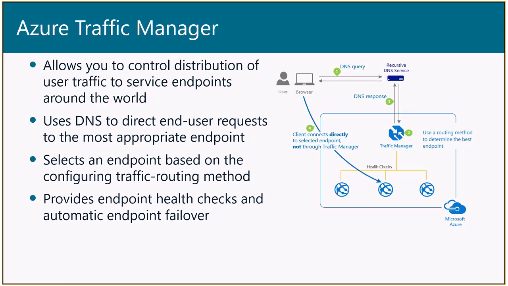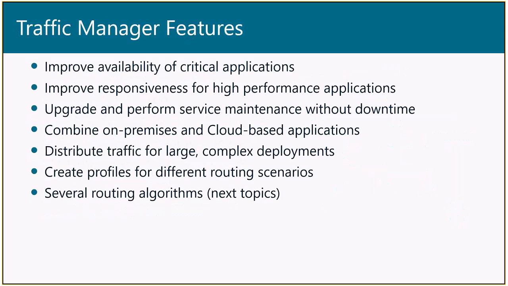Control distribution of user traffic to service endpoints around the world. You can use DNS to direct end user requests to the most appropriate endpoint. You can select an endpoint based on the configured traffic routing methods, and it provides endpoint health checks and automatic endpoint failover.